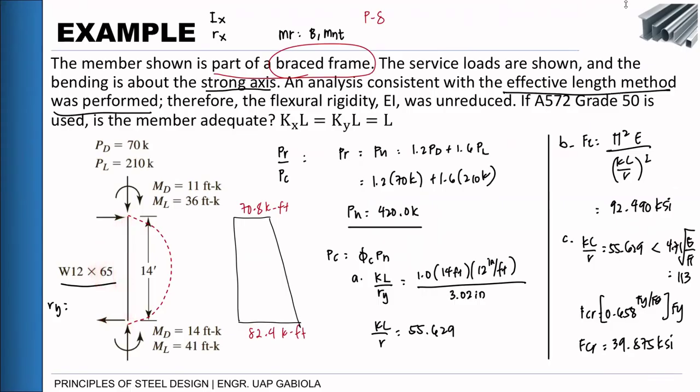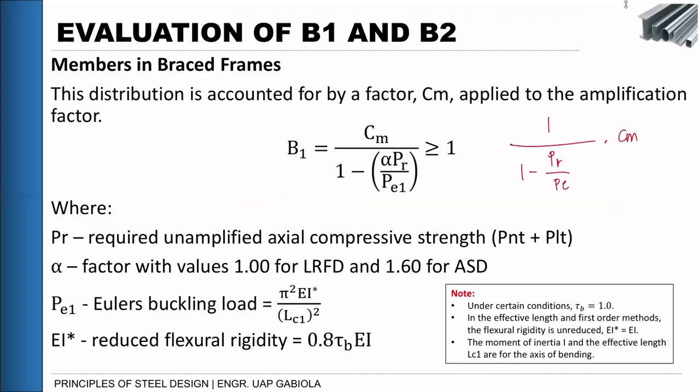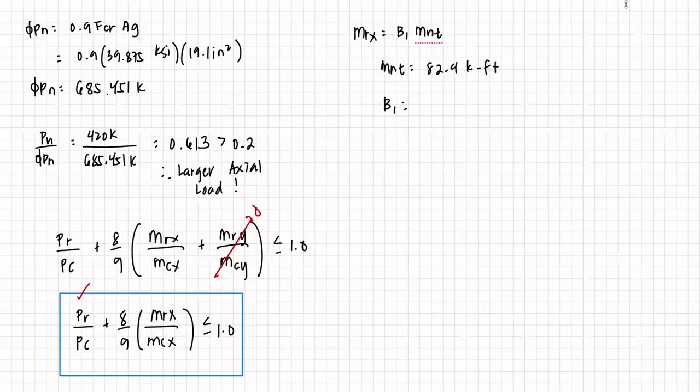No? So, it means dun tayo sa una papasok. Okay? So, ang formula ni B1, tignan natin dito. B1, ang formula niya is ito. Okay? So, let's copy this. Okay. So, for B1, yan yung formula kailangan natin for B1.